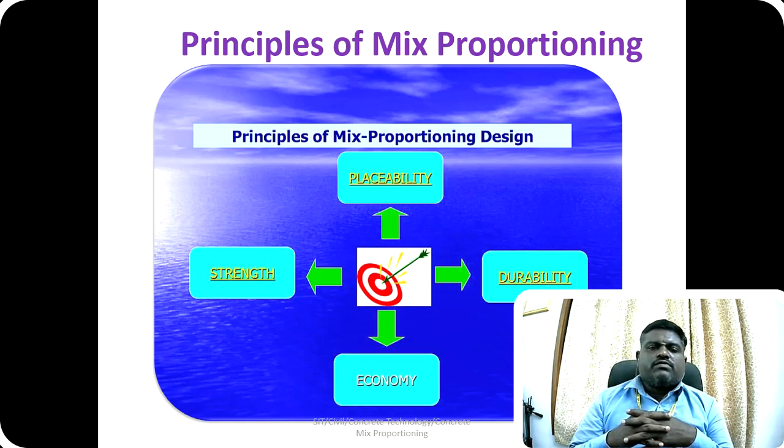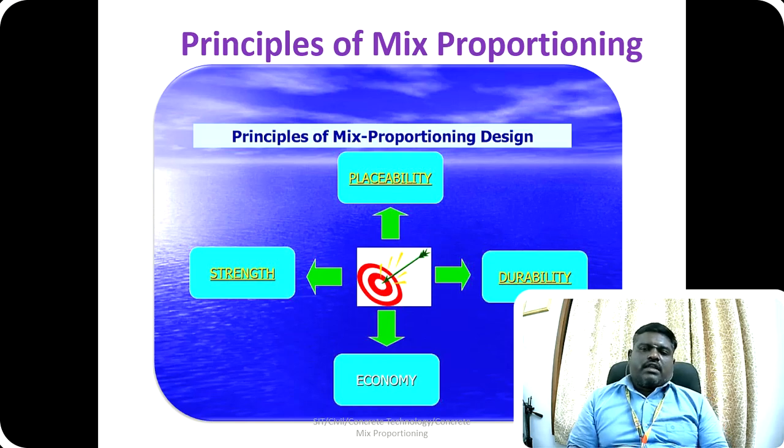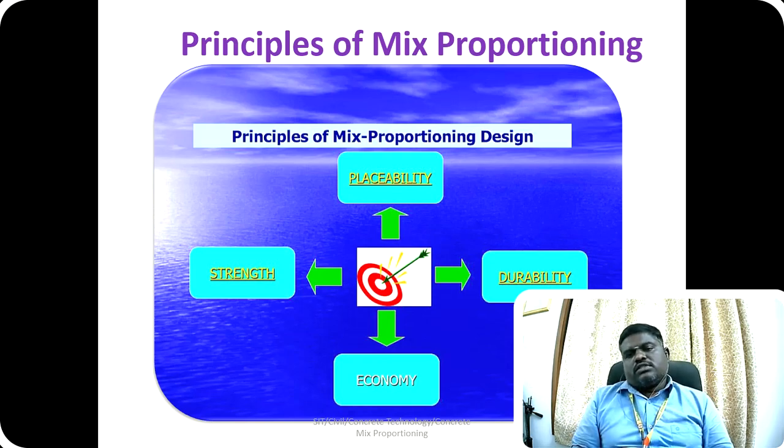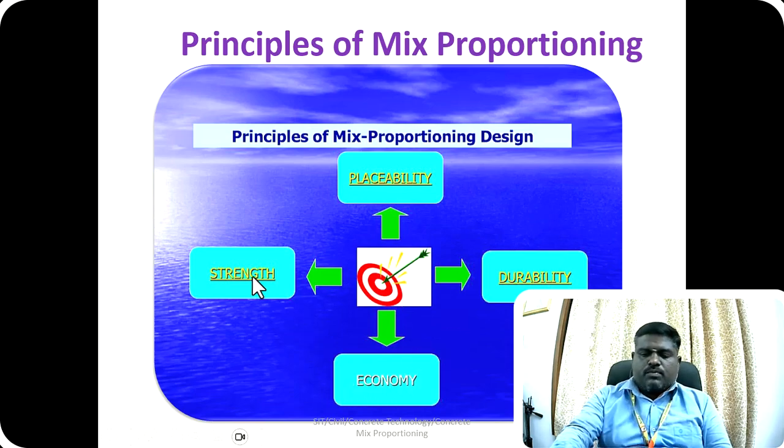The predominant one is strength. If you are doing a mix proportion for concrete, it should achieve the required strength and the placeability should be good. Placeability is nothing but the workability of the concrete, and it should also have some durability. After achieving all three, we should also focus on another factor called economy. So these four terms frame the principles of mix proportioning of concrete.